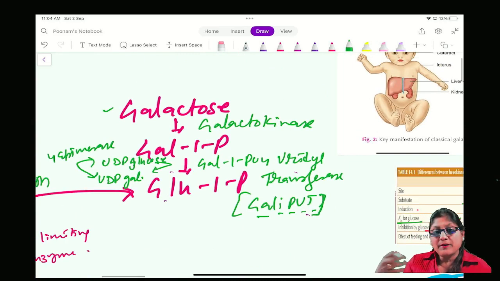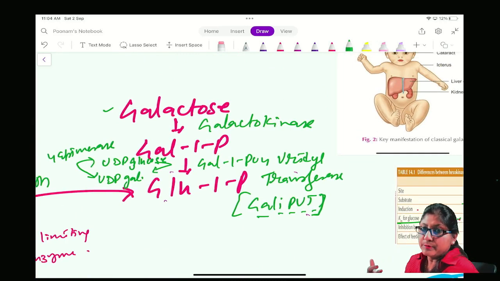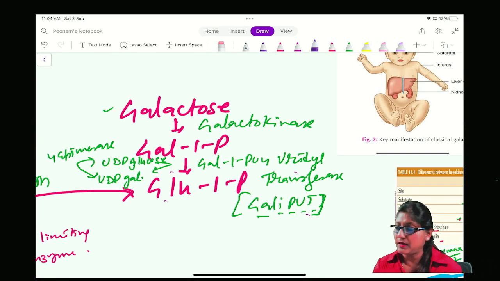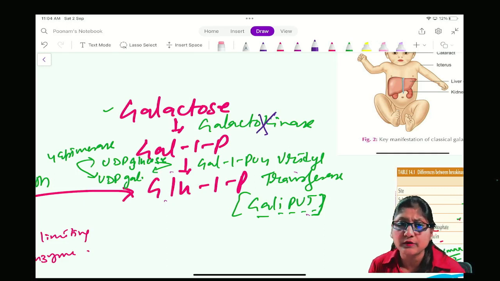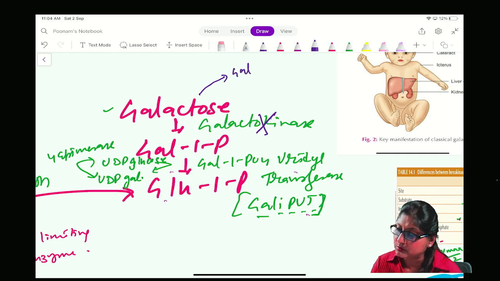Why do we talk so much about galactose metabolism in the liver? Because any error in the pathway, like galactokinase deficiency, results in no utilization of galactose. At that time this galactose is high in the blood, goes to the lens, and the aldose reductase enzyme converts it to galactitol, causing cataract in the lens of the eye.